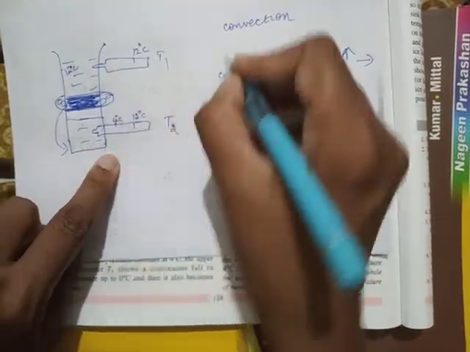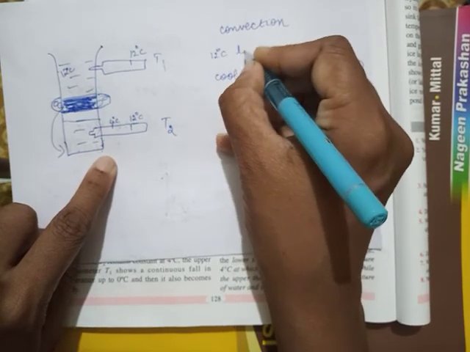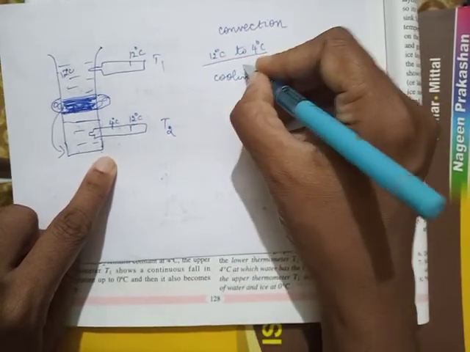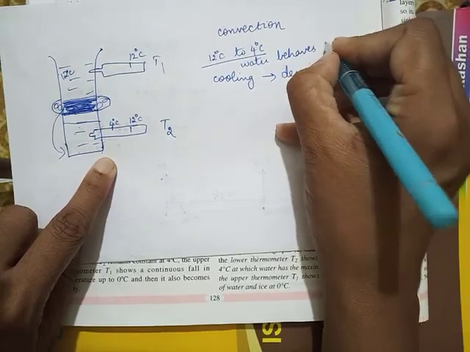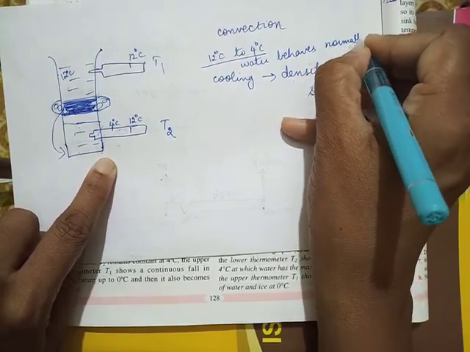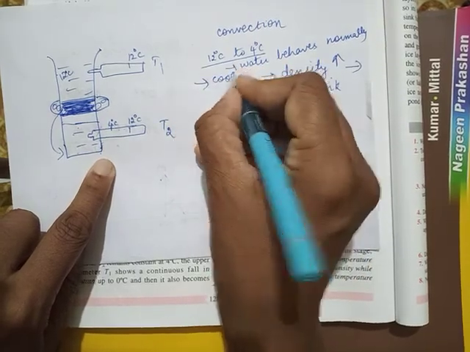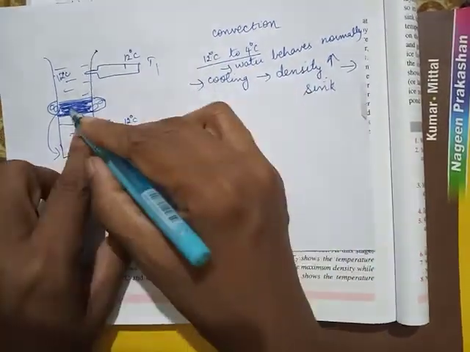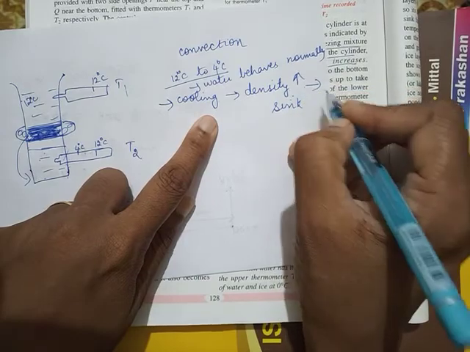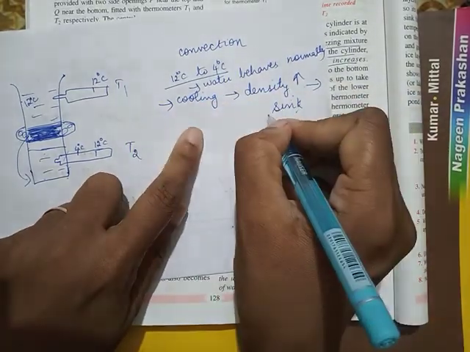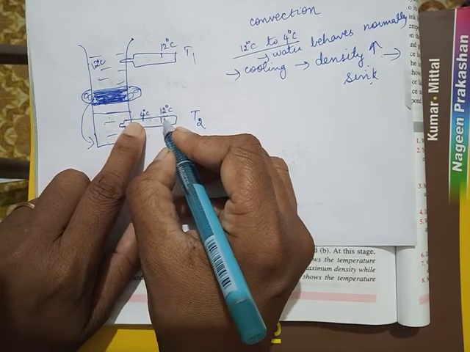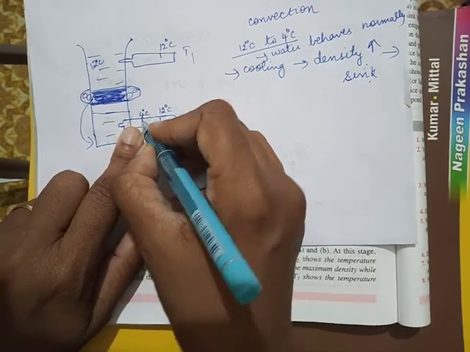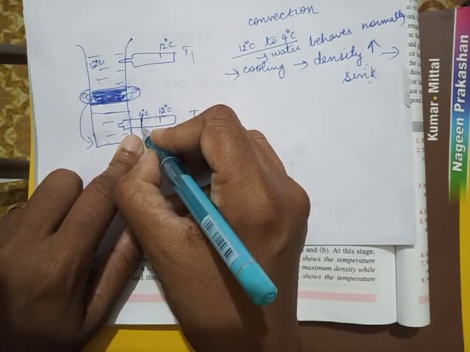So from 12 degrees Celsius to 4 degrees Celsius, water behaves in a normal way. Cooling is happening, density will increase, and therefore it sinks to the bottom. So the lower temperature will come till 4, and at 4 it will stop.